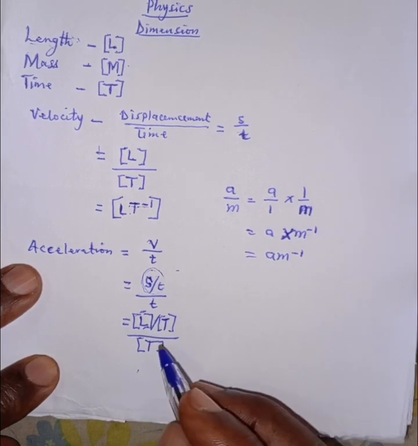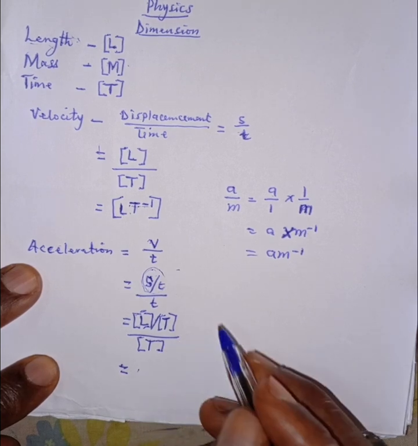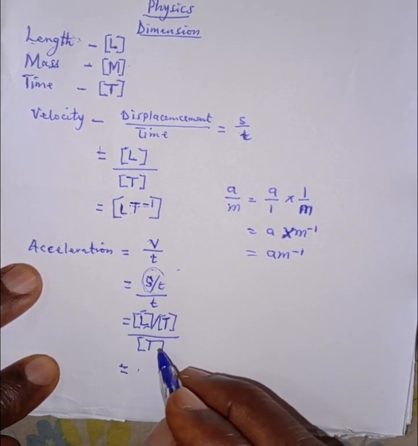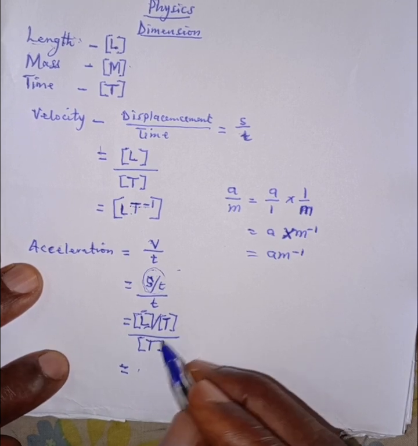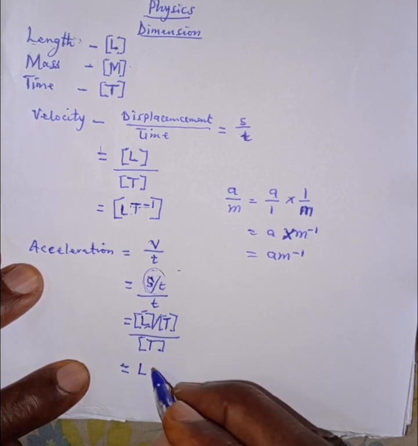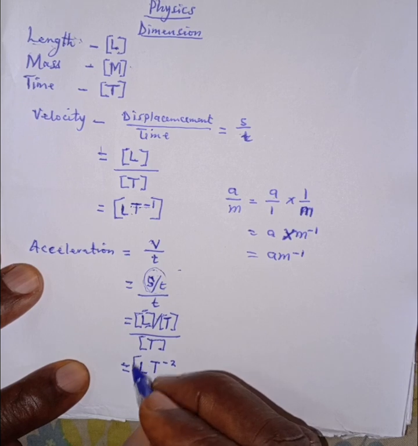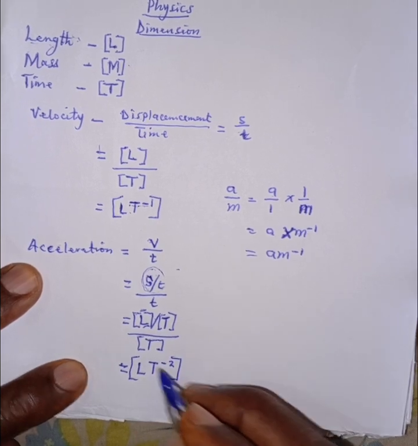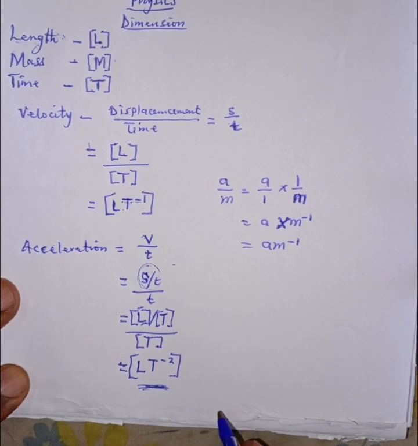So if you work this out, you check our indices class, you understand how to use principles of algebra and all our indices. You discover that we will now have L T raised to power minus 2. That becomes the dimension of acceleration.